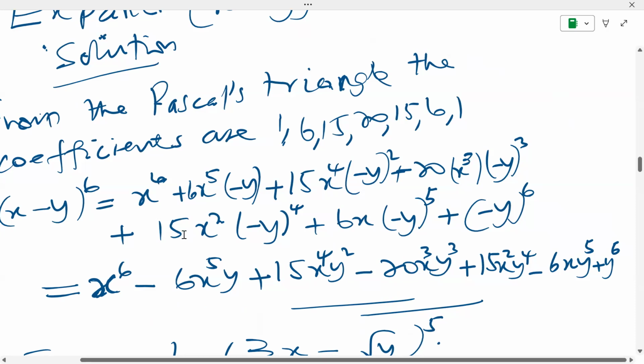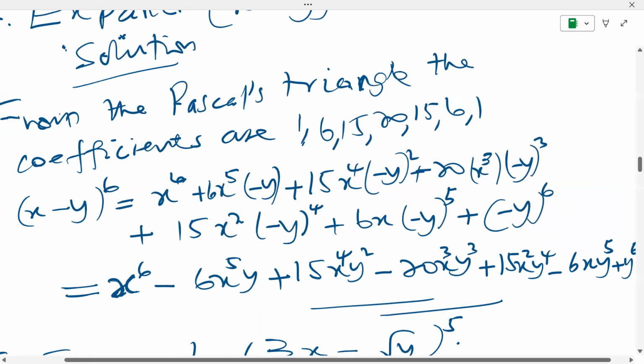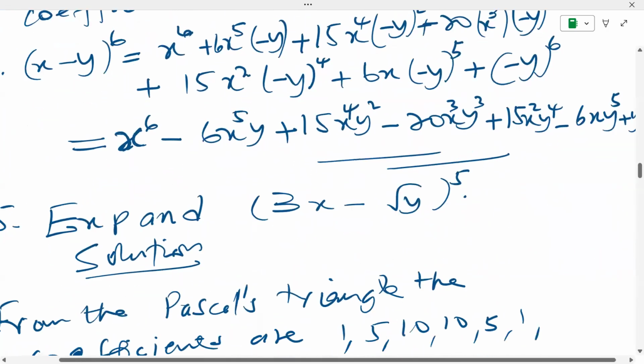Then we get 15x squared, and then this will be positive, so y raised to the power 4. And over here, we shall get 6x, then this will be minus y raised to the power 5, so the negative will affect the whole of this. Then we have this minus y raised to the power 6 will be positive y raised to the power 6. So that does it for this aspect.